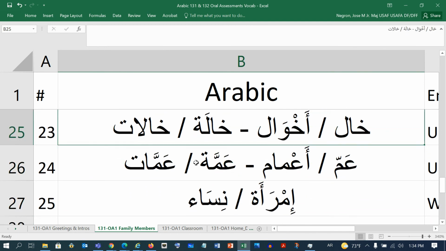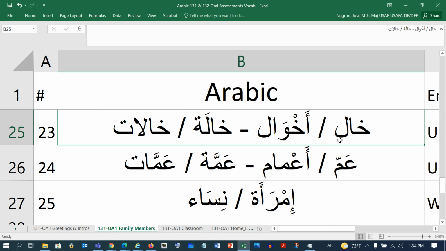They're here listed aside from our cousins, right? Remember, khal is a maternal uncle. So this is an uncle on your mom's side, your mom's brother, right? And then the female version is khala, a maternal aunt.